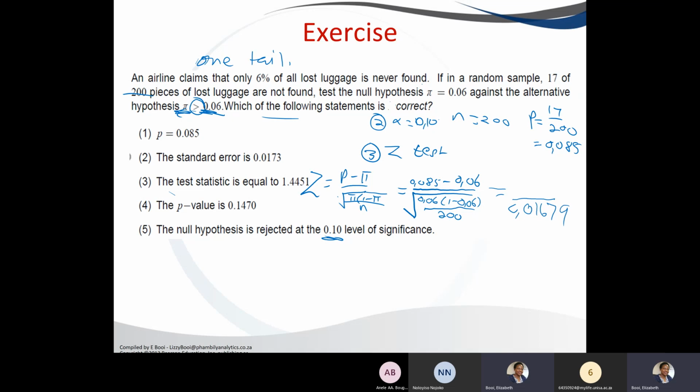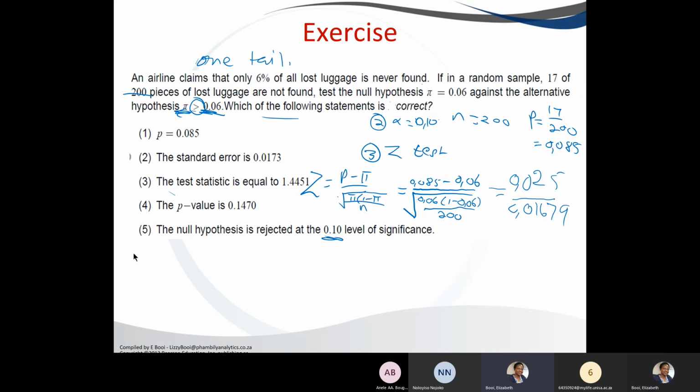And at the top, it is 0.085 minus 0.06 equals 0.025.